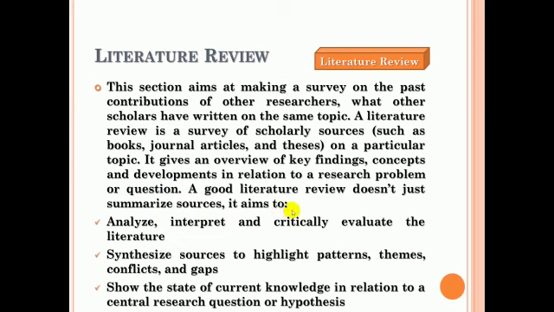It aims to analyze, interpret, and critically evaluate the literature. Synthesize sources to highlight patterns, themes, conflicts, and gaps. Finally, show the state of current knowledge in relation to the central research question or hypothesis.